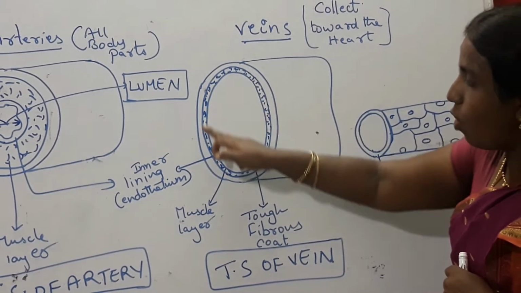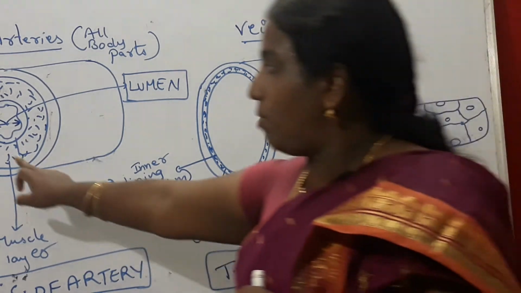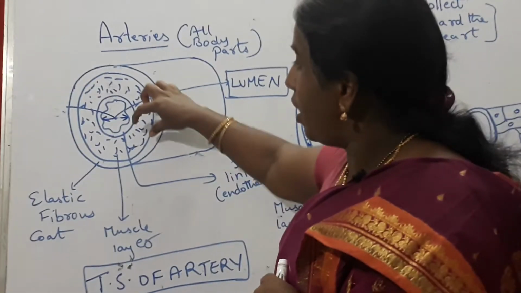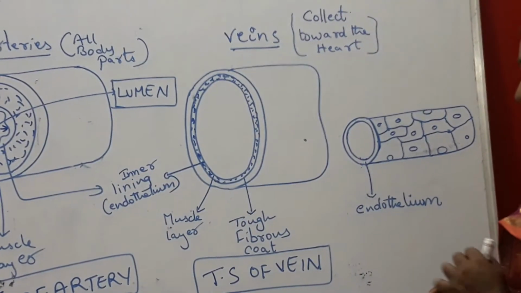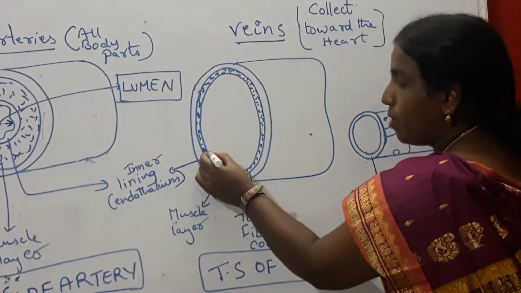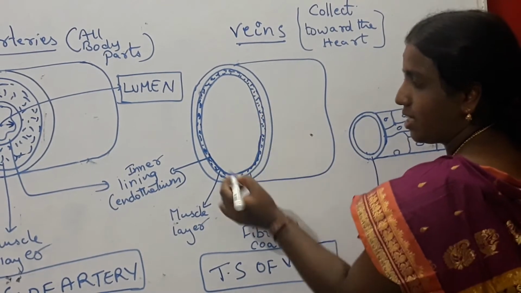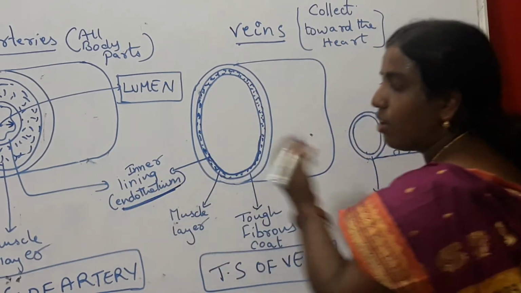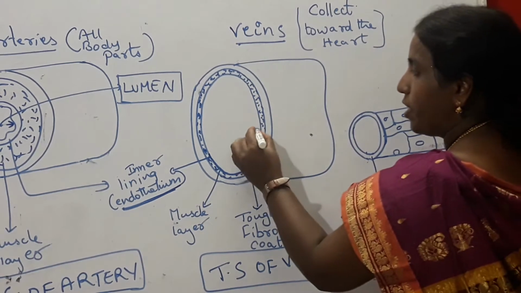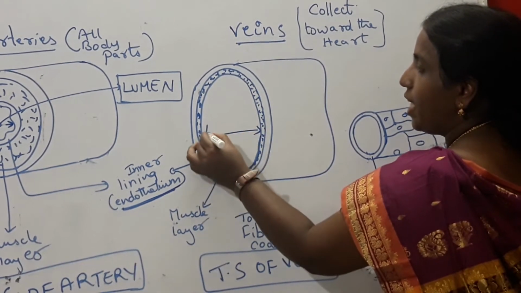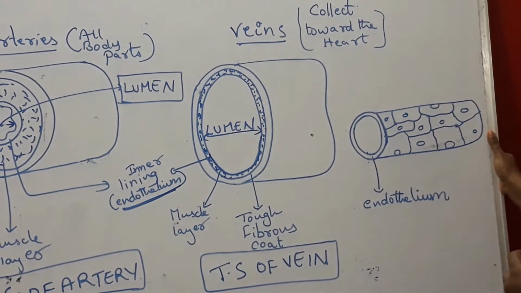Here you can see the oval-shaped muscular layer is thin, whereas in the artery the muscular layer is very large and thicker. Internal to the muscular layer, we have the internal lining cells, which you can call the endothelium. Then this total hollow space is the lumen.